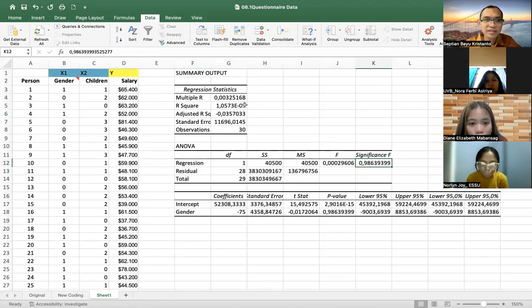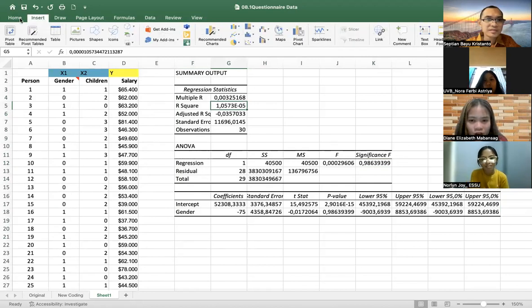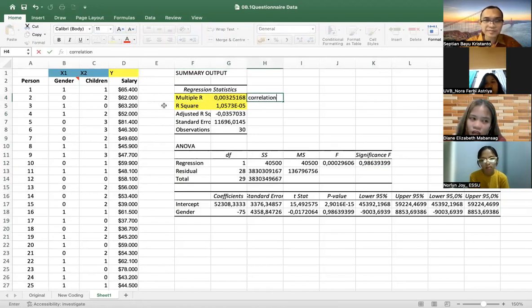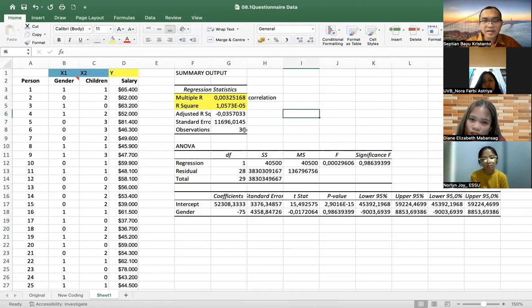We have the R square here, the multiple R. This is the correlation, okay? And also the number of observations. We have the multiple regression score, and also this one is the p-value for the gender.